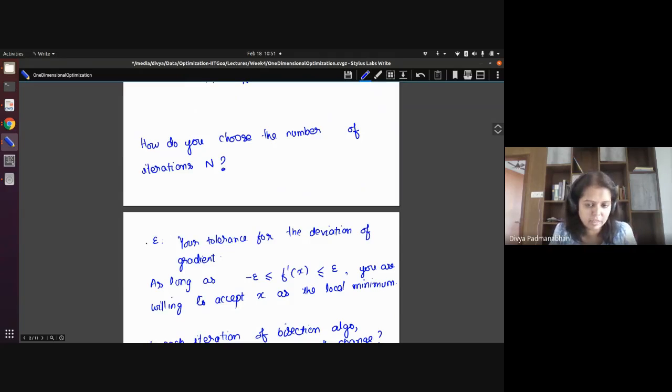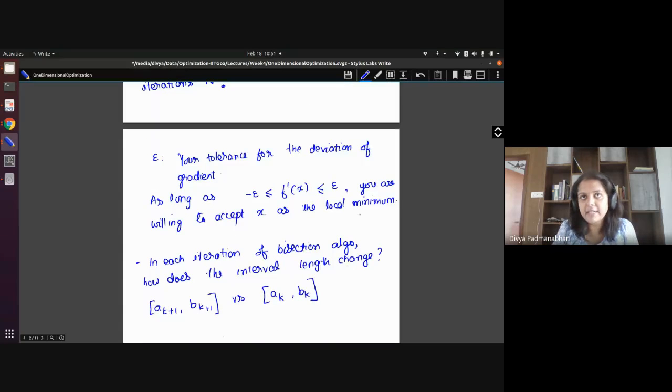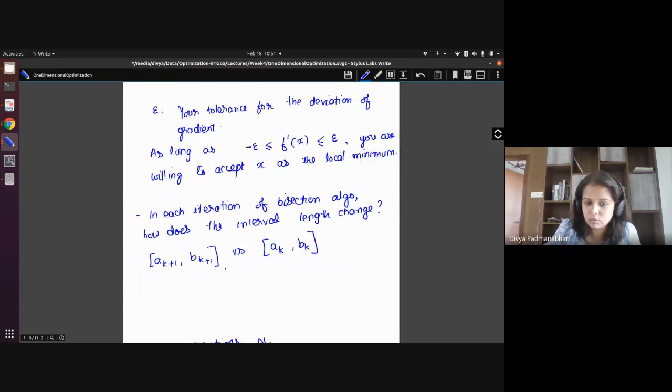Notice that in each iteration of the bisection algorithm, you're finding the midpoint, right? So how does the length of this interval change? At step k, the interval length was the absolute value of bk minus ak.